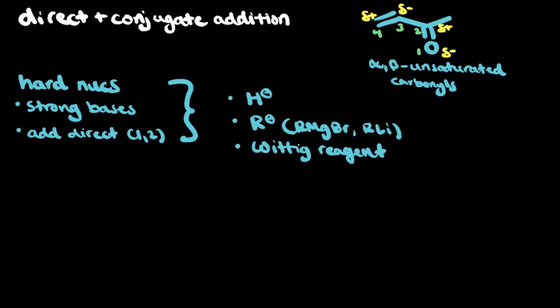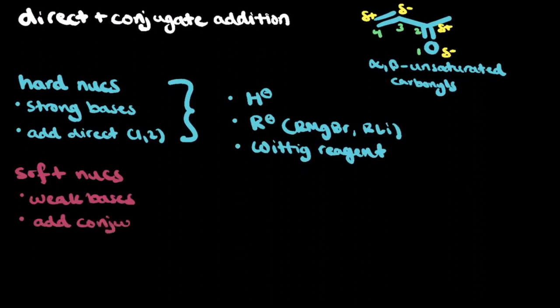For your soft nucleophiles, these are your weak bases. And then they add conjugate, which is 1,4.